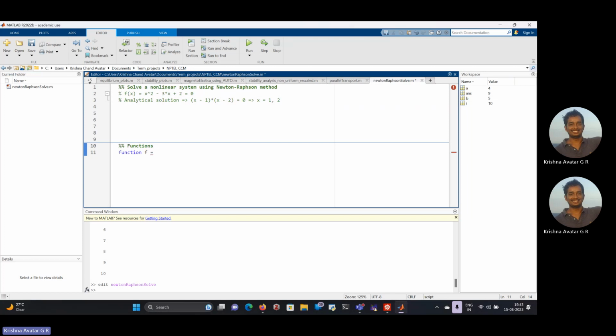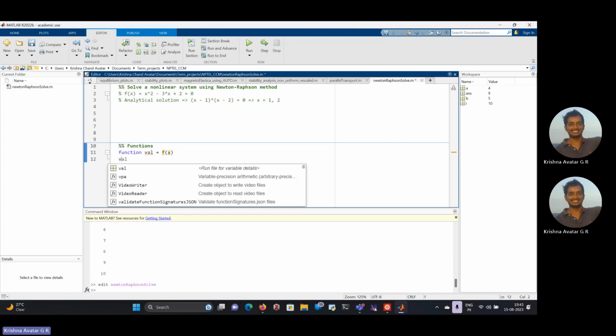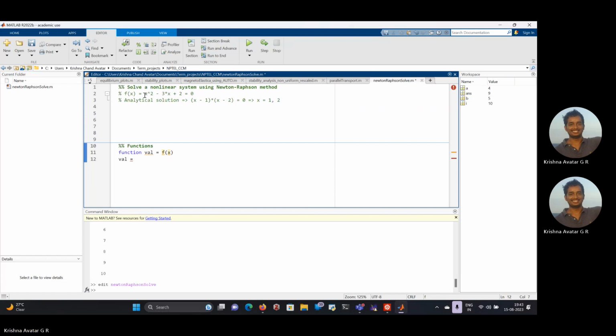So f is equal to val. Value means the value of some function f. It takes an argument x, and then what it does is val is equal to, it calculates the value of the function. Just copy this and paste here, and then it will return that val.